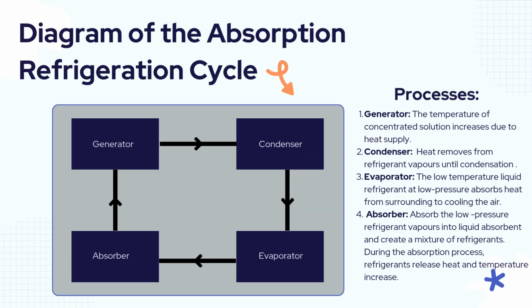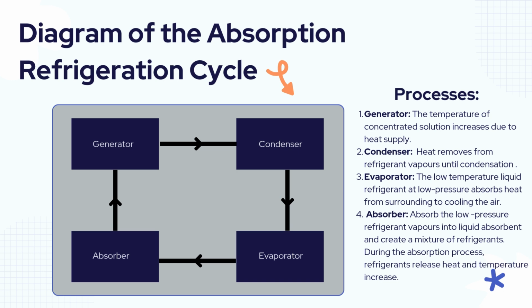So this is the simple diagram of the absorption refrigeration cycle and what happens in each component. Firstly, in the generator, the temperature of the concentrated solution increases due to heat supply. Second, in the condenser, heat is removed from the refrigerant vapor until condensation.